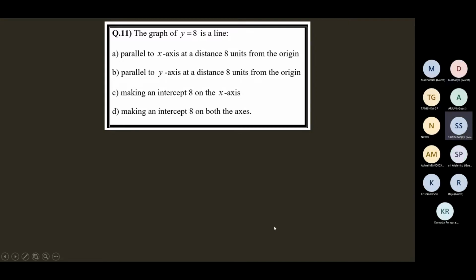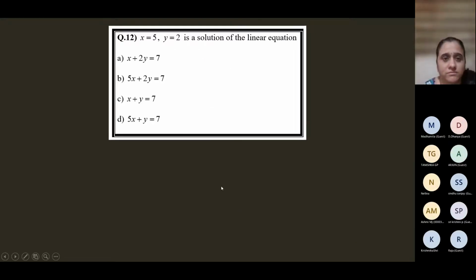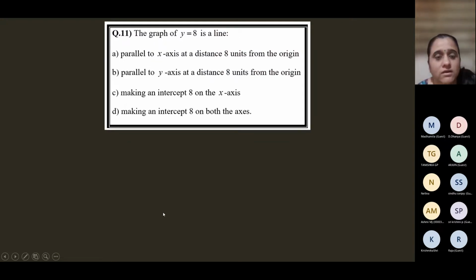A, ma'am. Okay. A. The graph of y is equal to 8.